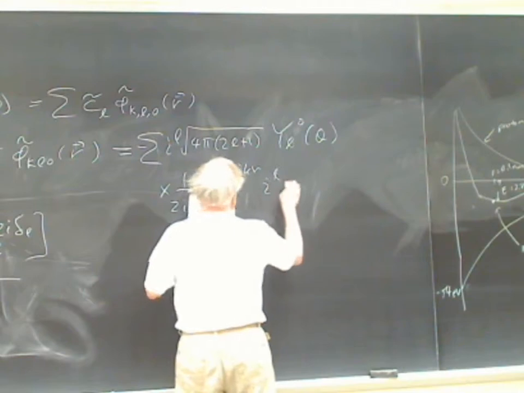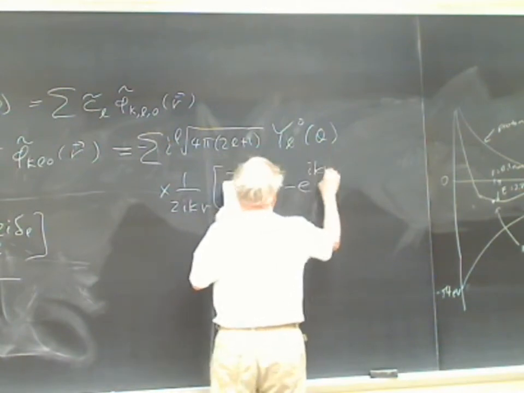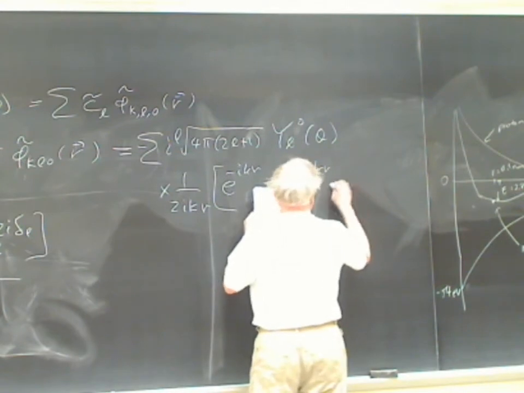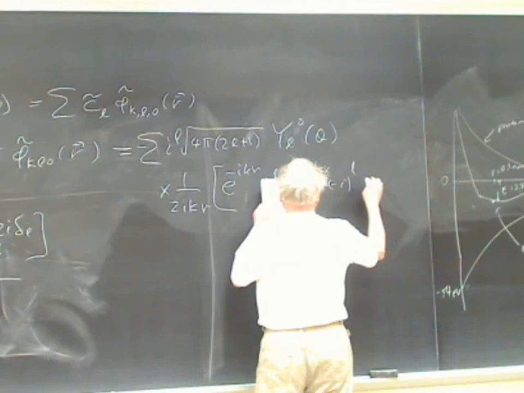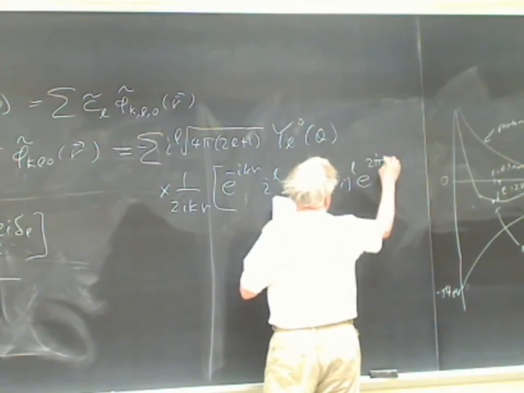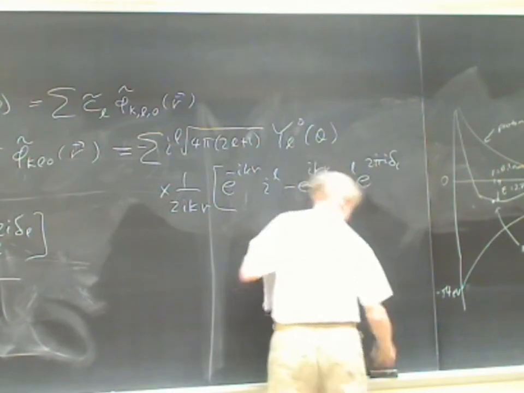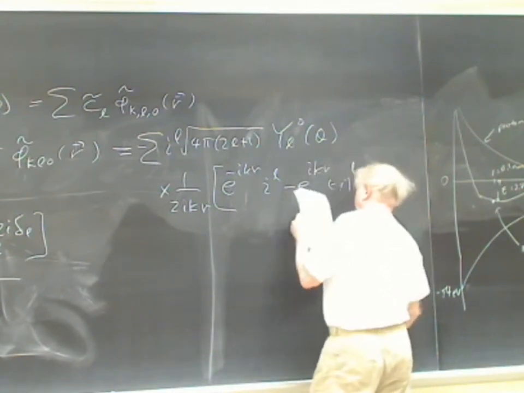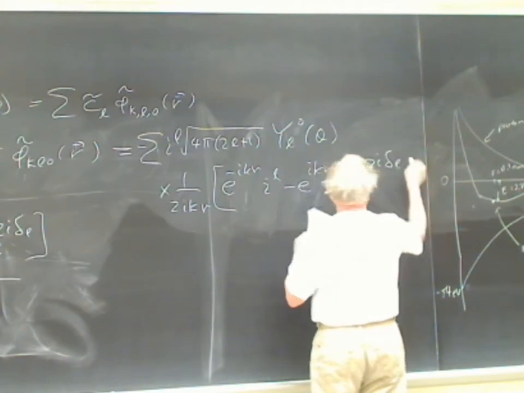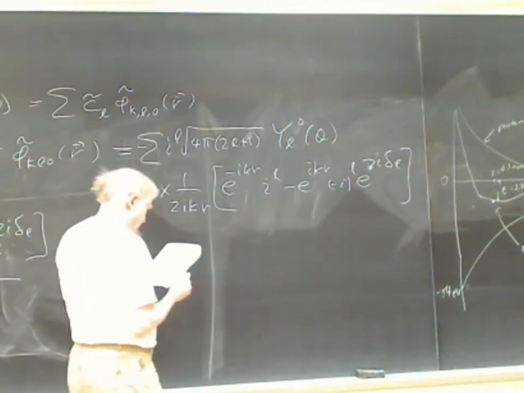Frankly, one can write this as I to the L. I don't know why we don't do that. I guess I can call it minus I to the L. 2 pi I delta. No, no pi, wow. 2I delta L.